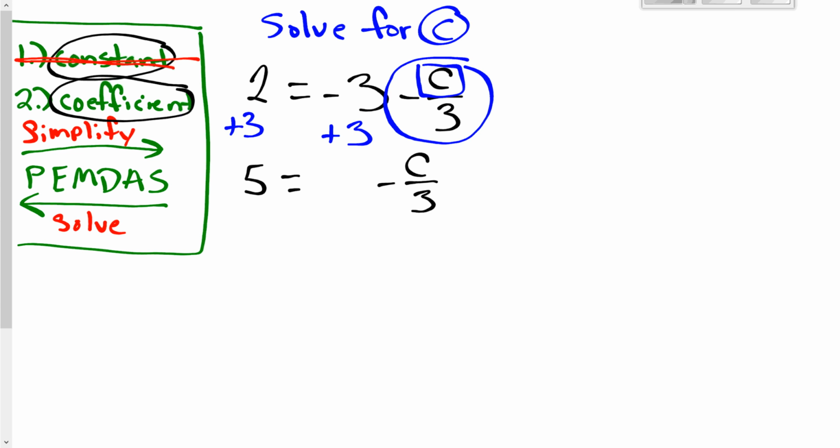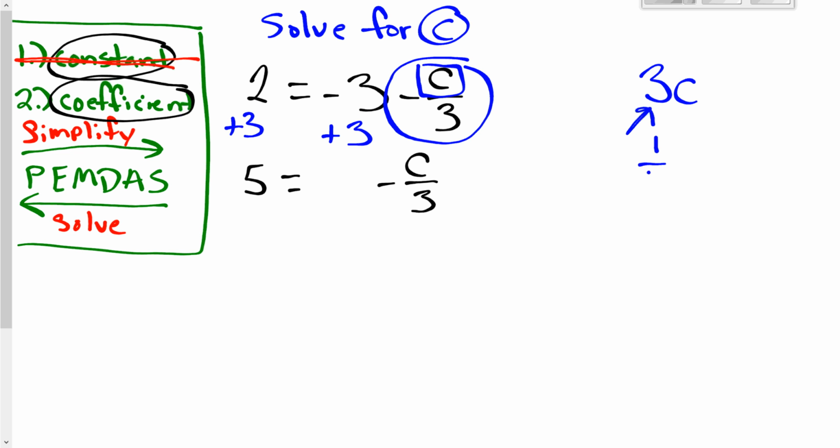Okay. This coefficient is a little bit different. If I asked you, you actually might say the coefficient is 3 or negative 3. That's actually not the case. Just because it's right next to c, or the variable we're looking for, doesn't make it the coefficient. So I'm going to sidetrack for a second. If I wrote 3c, 3 would be the coefficient.